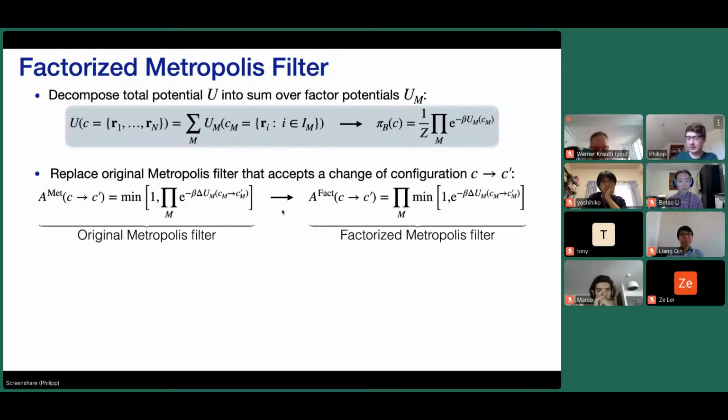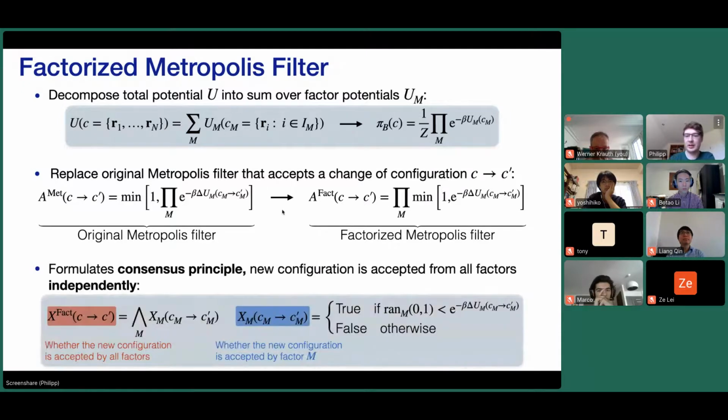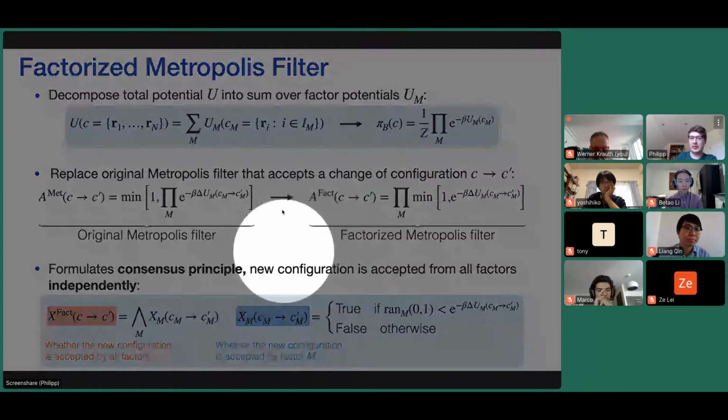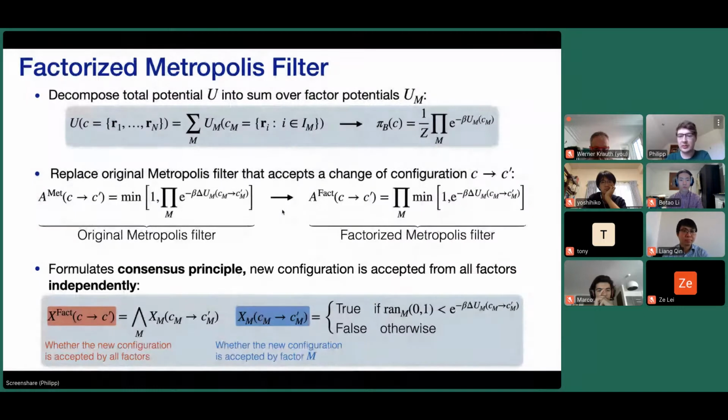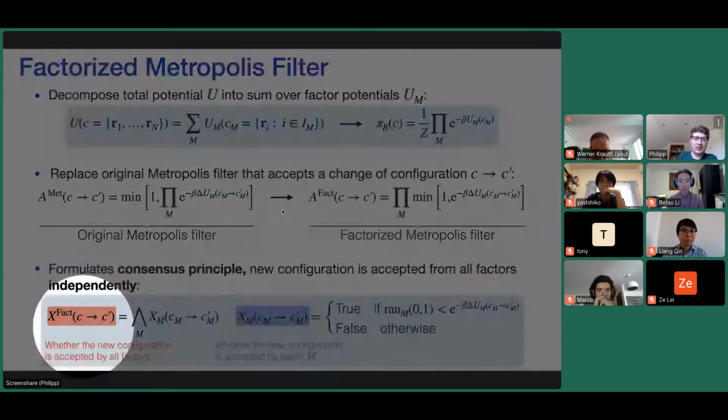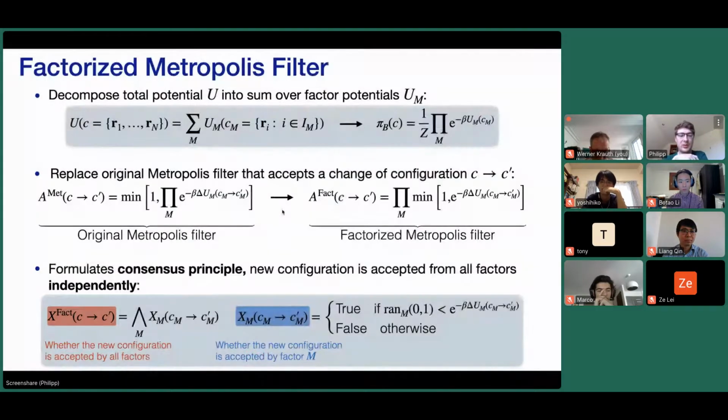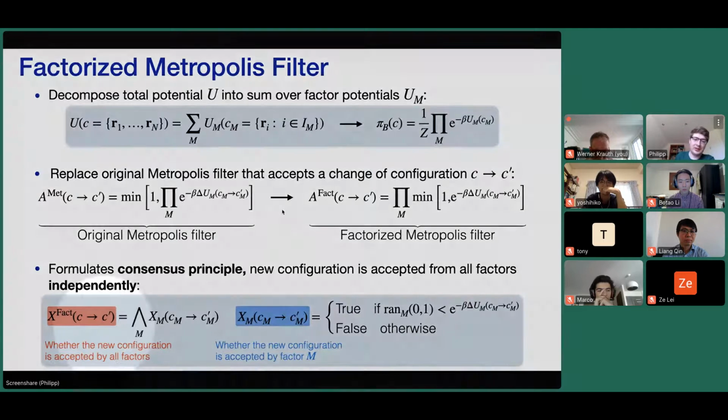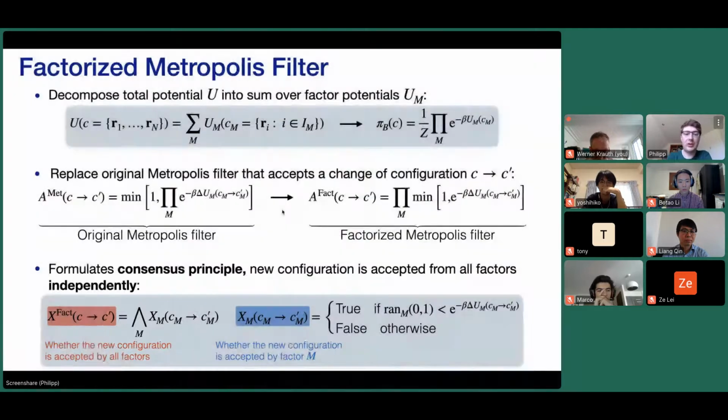But what we can use it for is that only the factorized Metropolis filter formulates a consensus principle. Because we have pulled out the product, the new configuration is accepted from all factors independently. So we can express the factorized Metropolis filter as a Boolean expression, so to say. Here we have the question whether the new configuration is accepted by all factors, and this is answered by a Boolean conjunction over all factors.